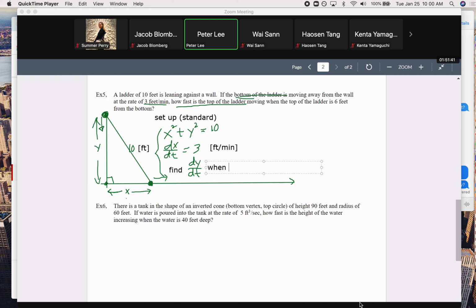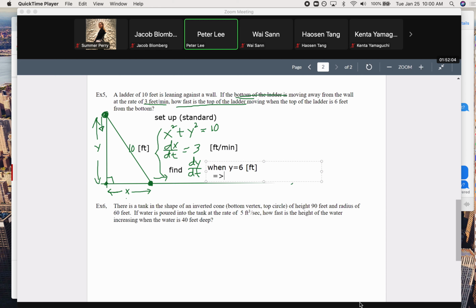when what? When the top of the ladder is 6 feet. y equals 6 feet. By the way, this implies part of the time condition.